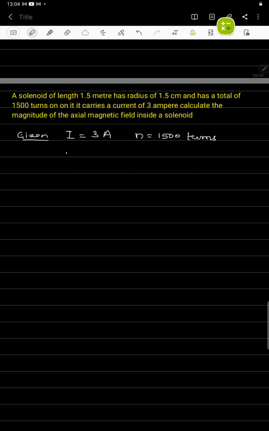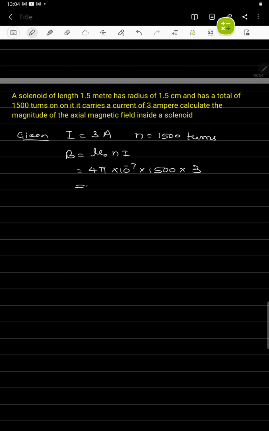Now the expression is B equals mu naught n into I. Mu naught is 4 pi into 10 to the power of minus 7, n is 1500, and current is 3 ampere.